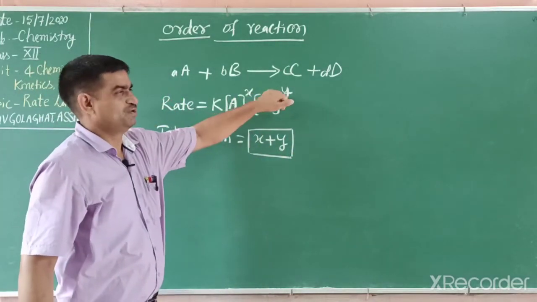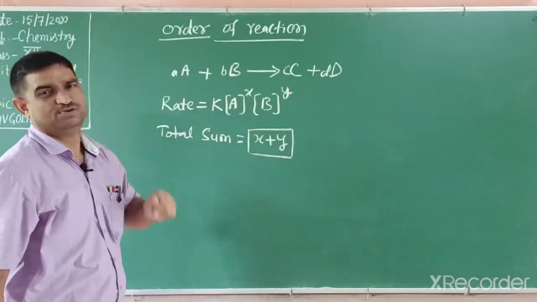The total sum of powers of exponents in the rate law expression is known as order of reaction.